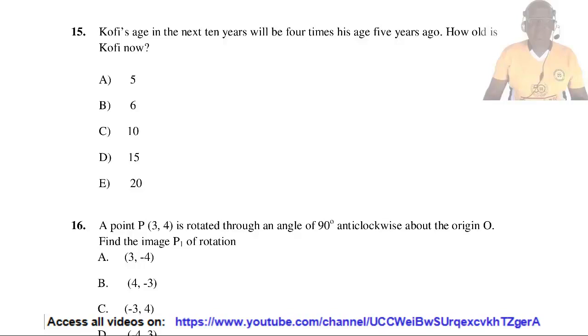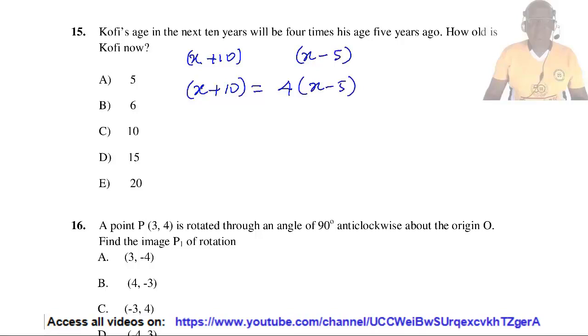Let Kofi's age now be S. His age in the next 10 years is going to be S plus 10. His age 5 years ago is going to be S minus 5. His age in the next 10 years, S plus 10, is going to be equal to 4 times his age 5 years ago.